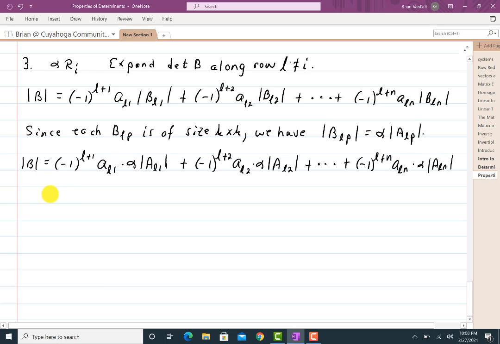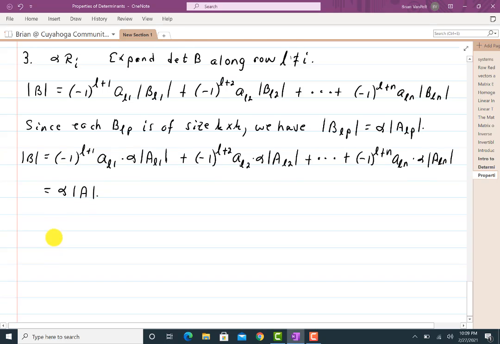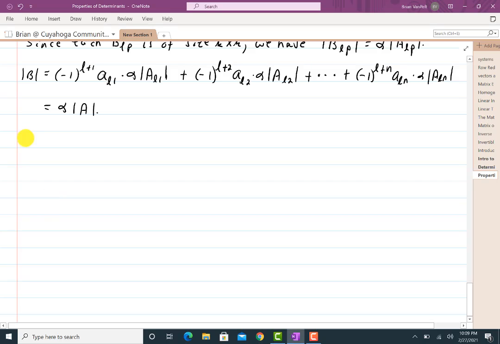Of course, you can factor out an alpha from everything, and you'll find that you'll get alpha times the determinant of A. But let's do some examples to illustrate these properties.